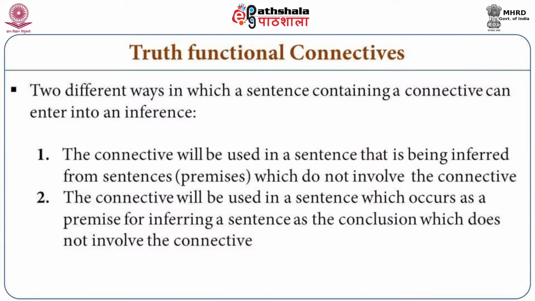One way is we can infer a sentence using a connective from other sentences without that connective. The other is to infer a sentence from a sentence involving a connective, and then the inferred sentence does not use the connective.